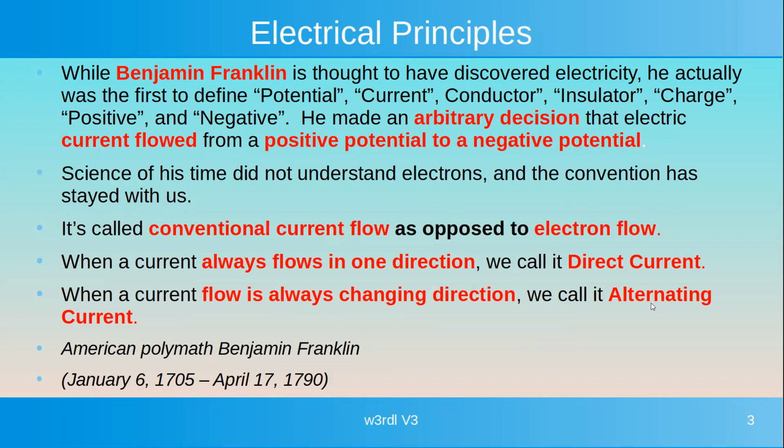But they didn't understand all that at the time. So we still have what we call conventional current flow that goes from positive to negative, even though electrons are traveling from negative to positive. And you see that in a vacuum tube, where the electrons actually travel from the cathode to the plate.